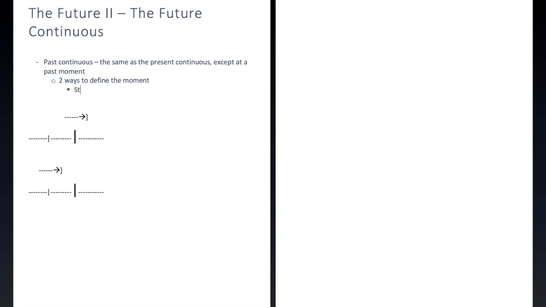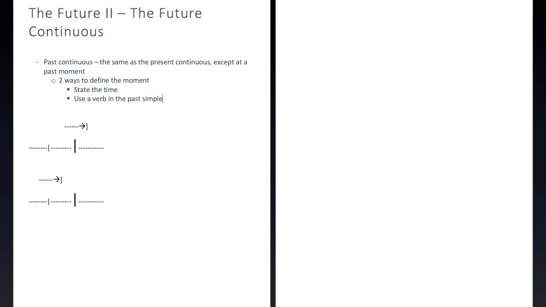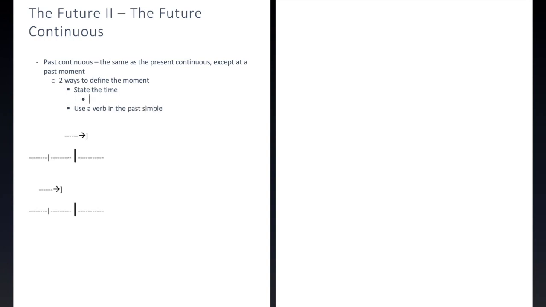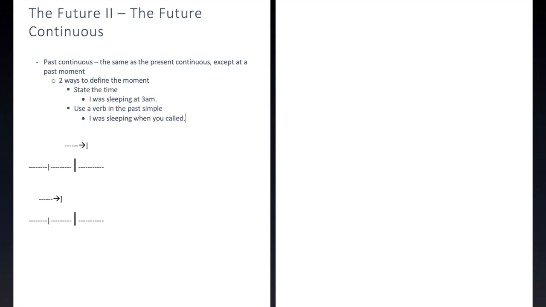And that was just to state the time, or to use a verb in the past simple. So you could say, for example, I was sleeping at 3 a.m. Or you could say, I was sleeping when you called. Okay, in this sentence, 3 a.m. will be the defined moment, and in this sentence, when you called will be the defined moment.